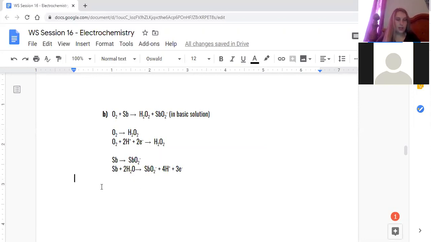Then we're going to go ahead and add the two sides together again. So we have this on this side, and this on the same side, because it's still on the left of the arrow.